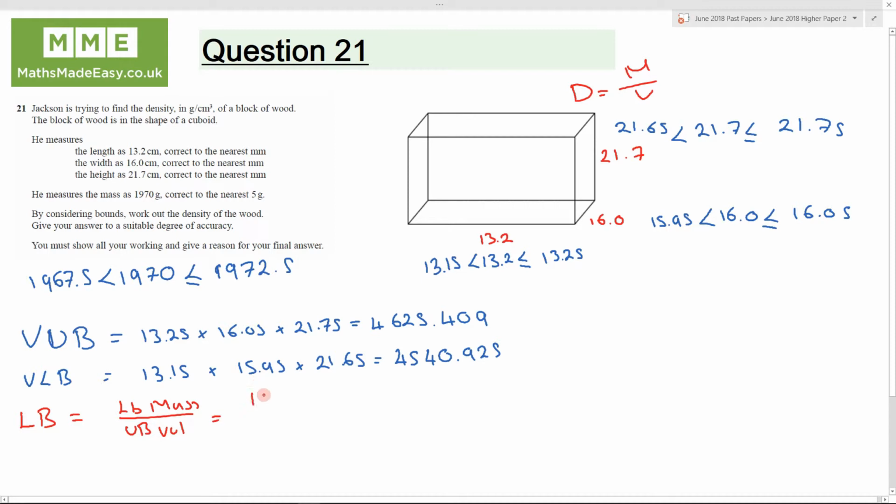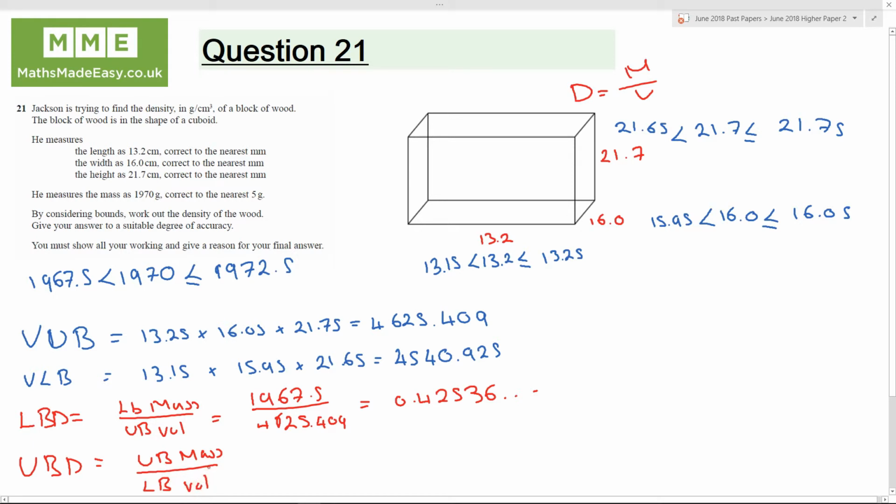So that would be 1,967.5 over the upper bound of volume, 4,625.409, which comes out to be 0.42536.